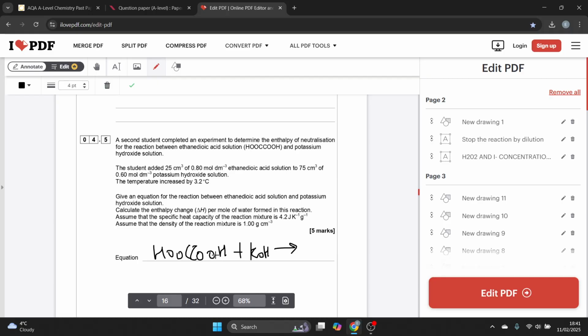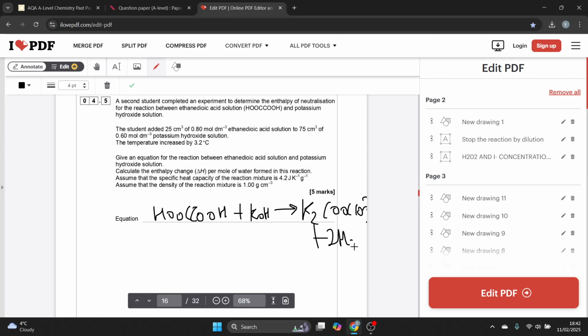Ethanedioic acid is a carboxylic acid, so with potassium hydroxide you're going to form K2OOCCOO plus 2H2O, and you need a 2 here.